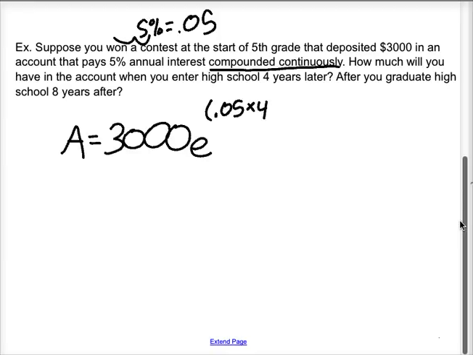Now when you enter high school, t is going to be 4. Again, I would type that into the calculator first. 0.05 times 4 is just going to be 0.2. So I would get a single value there for your exponent. And now you can use the calculator to calculate that.